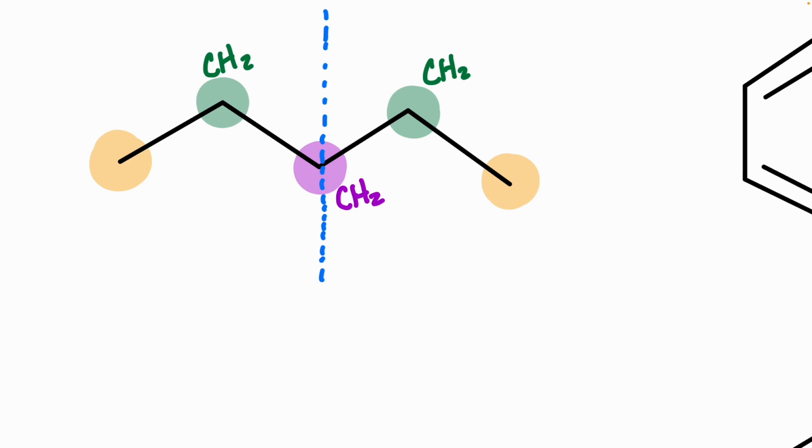These two groups will still absorb pretty close together, but in slightly different places on our spectrum because they're not in the exact same environment, right? So that's what makes NMR so powerful: exactly where something's going to absorb is super sensitive to the exact chemical environment that it's in. So if it's not in the exact same environment, it's not going to absorb in the exact same place.